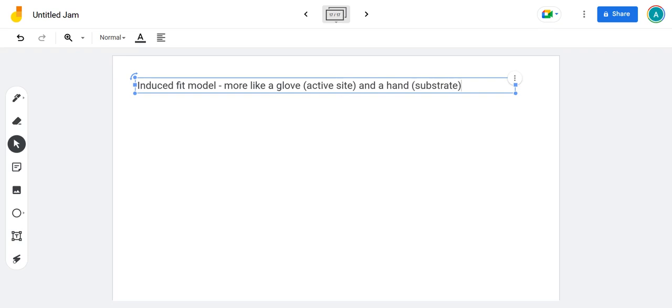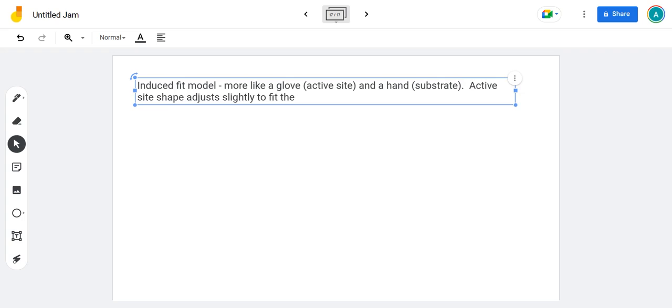The idea is that the active site shape adjusts slightly to fit the substrate. Your hand and the glove are nearly complementary shapes, but not exactly. On the lock and key, they were exactly complementary. On the induced fit, they're nearly complementary, and then the active site shape adjusts slightly to fit the substrate. It is actually a little bit flexible.